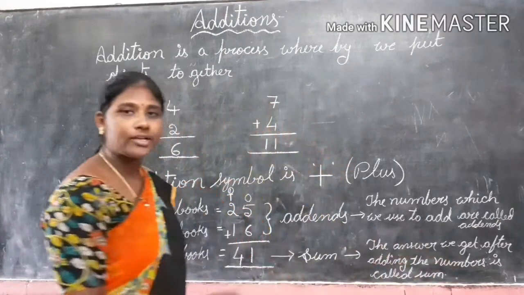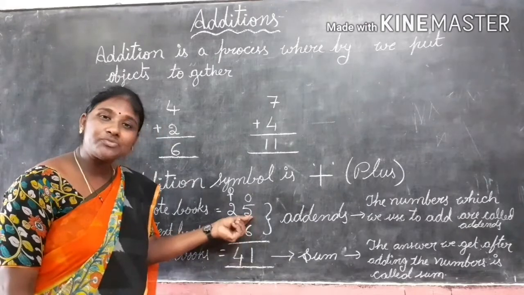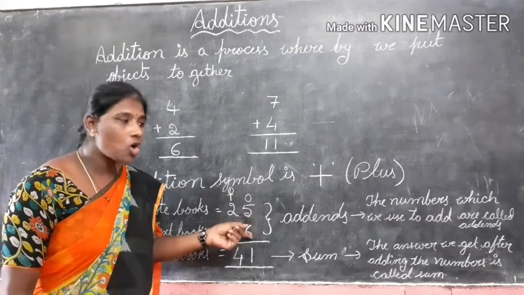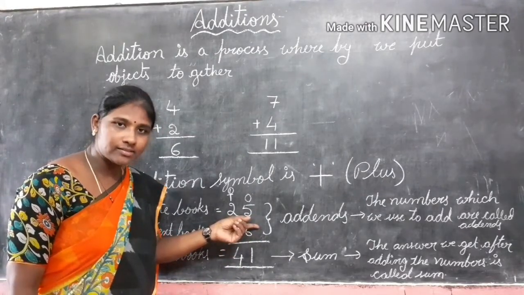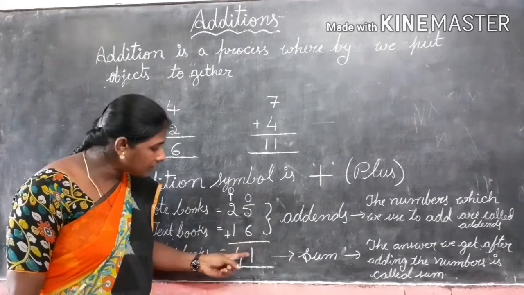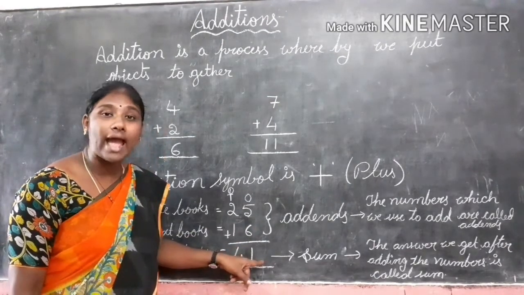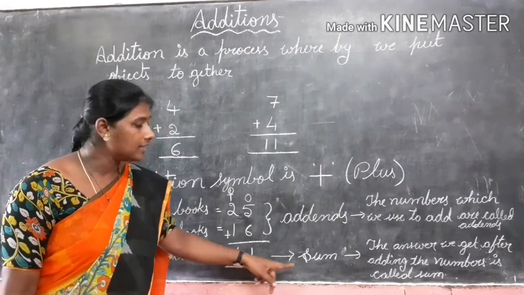Okay, children, the numbers which we use to add are called addends. The answer we get after adding the numbers is called sum.